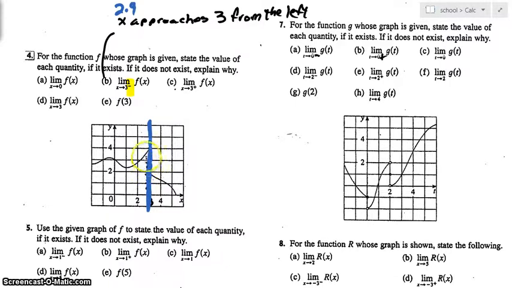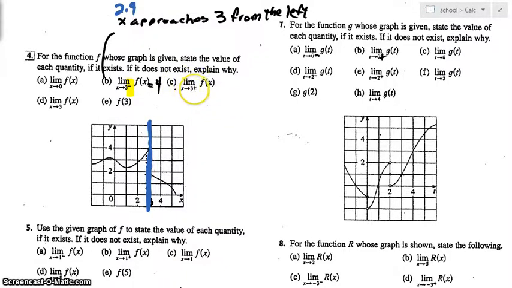Tell me about the y value that I'm getting close to. 4. I don't care if there's an open circle over by 4 or a closed circle. I don't care whatsoever. I'm just getting close to 4. And that's why I deliberately erased temporarily what's happening with open circles and closed circles. It frankly doesn't matter.